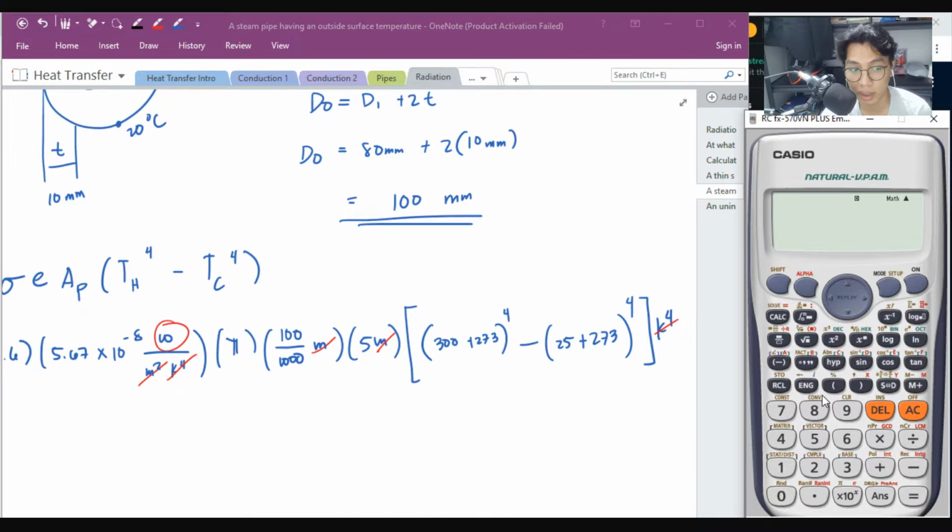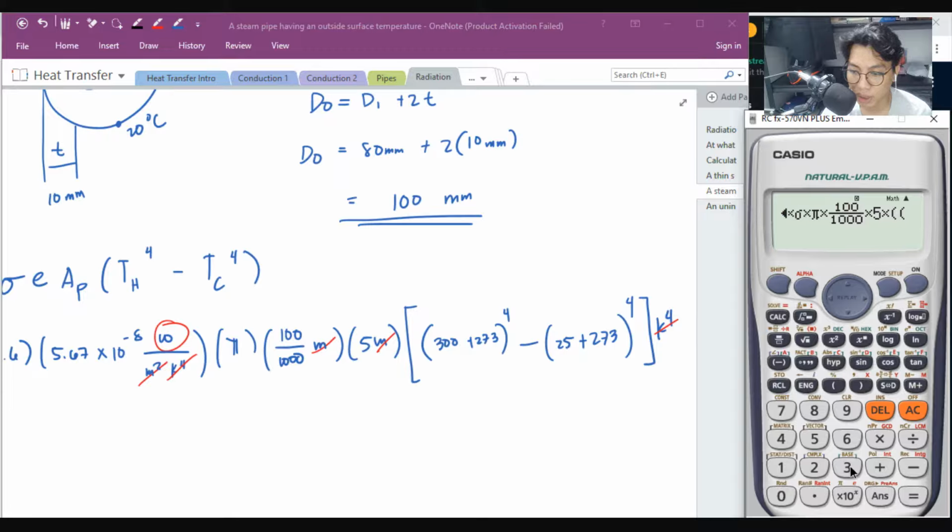Okay, mahaba lang talaga. 0.6 times yung sigma, shift, constant, 31, times pi, times 100 over 1,000, times 5, times yung nasa loob, dalawa.